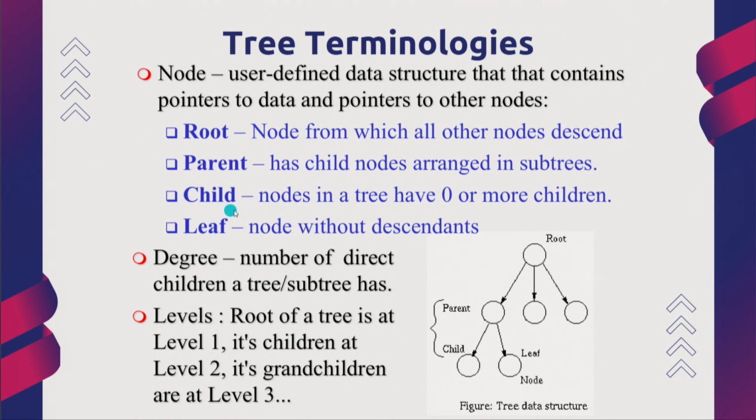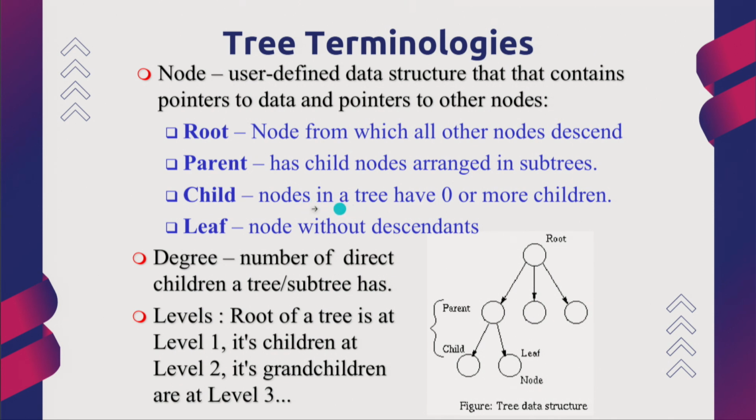And you can have any number of child nodes. Depending upon the trees we use, the number of children would vary. At times you can have a node with no children. At times you can have a node with n number of children.